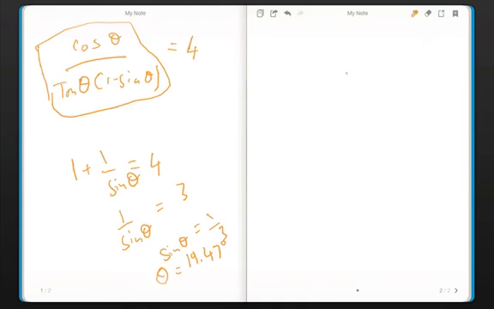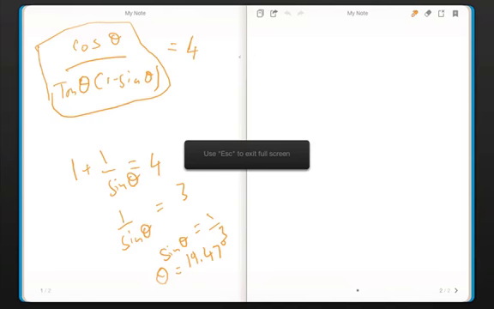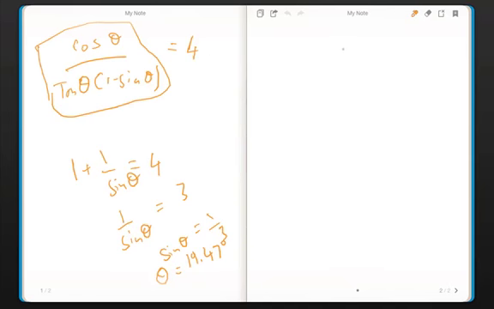I'll clear the page. There's more than one answer, as they say that the answer should be between 0 and 360 degrees. So making this full screen again, let's draw our unit circle. I like doing it the unit circle way. If you have any other way, then please use that way. But the unit circle basically depicts sine x on the y-axis and cos x on the x-axis.